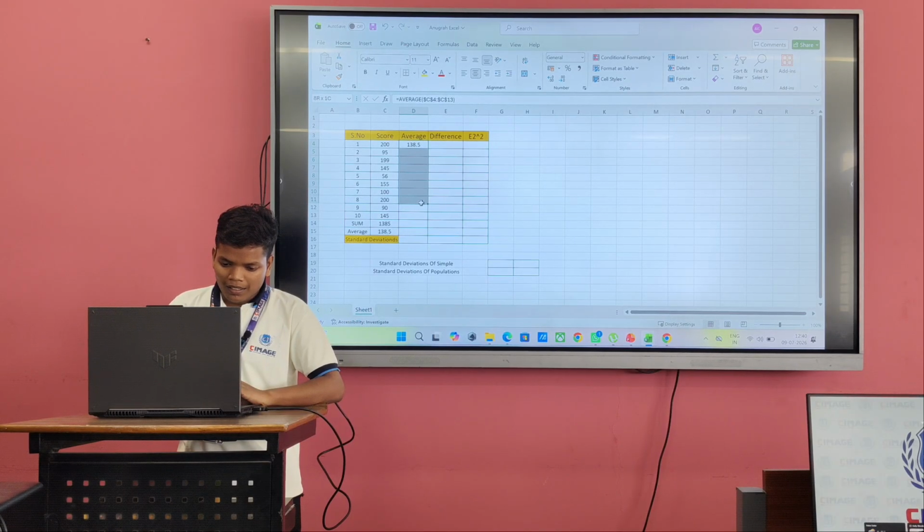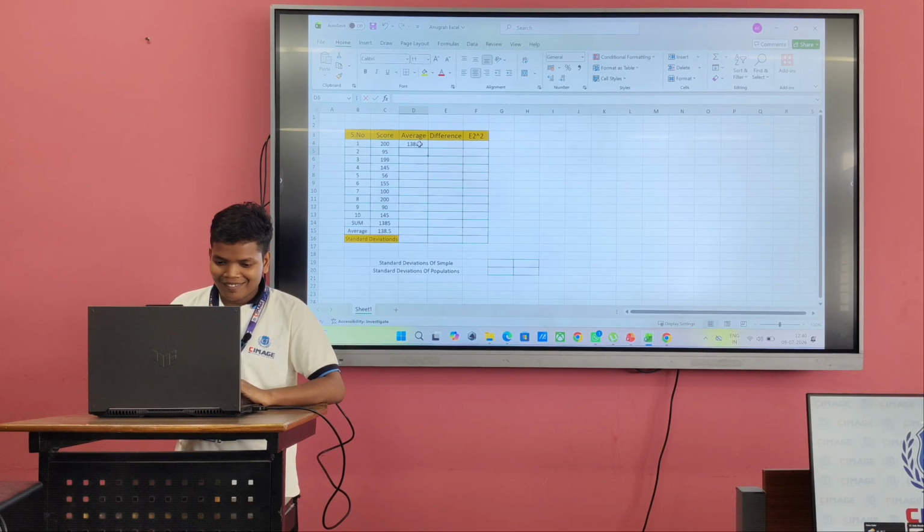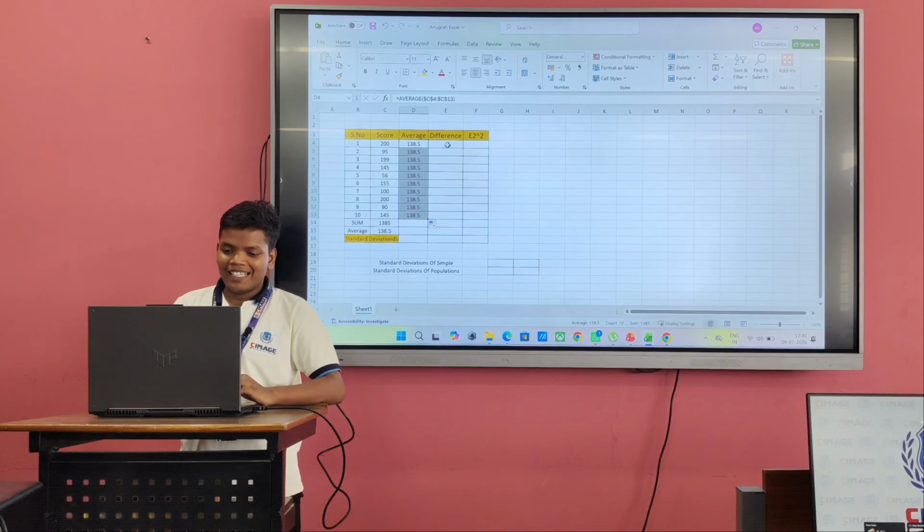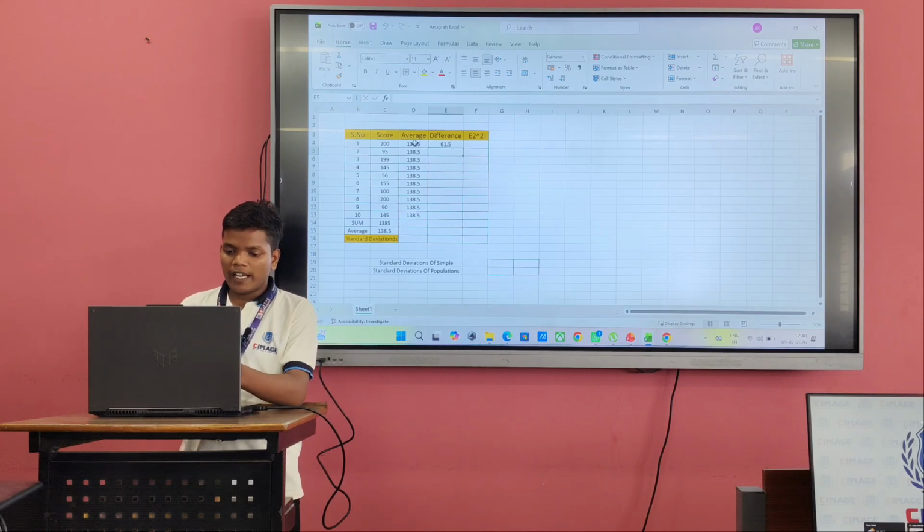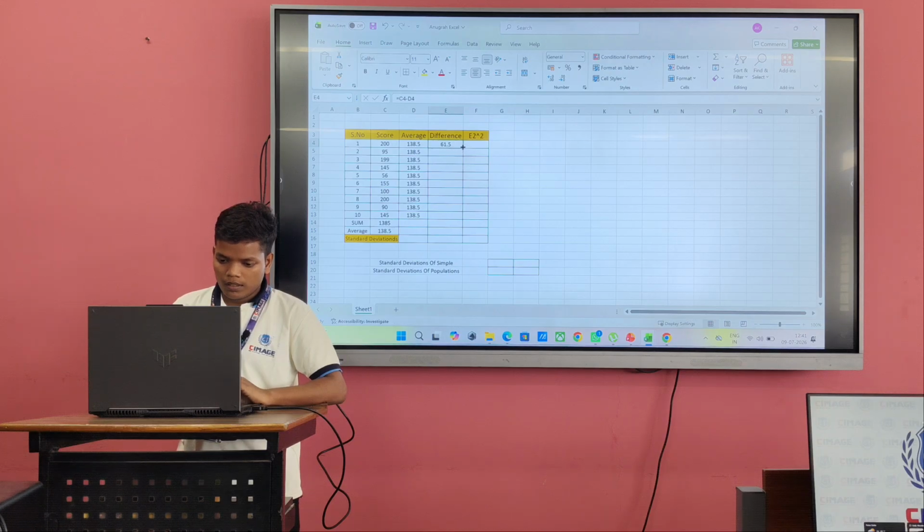Drag. This data difference is equal to select this data and minus, C4 minus D4. So the value is 61.5.